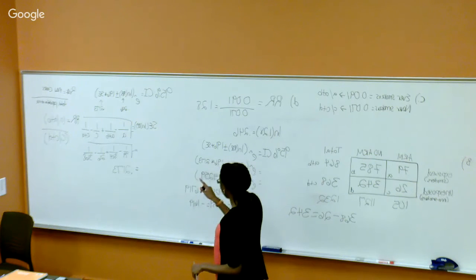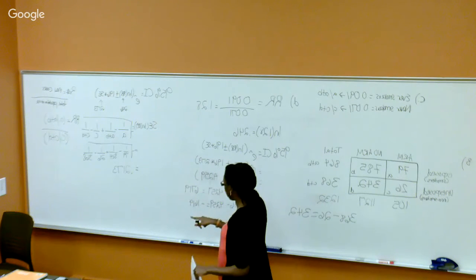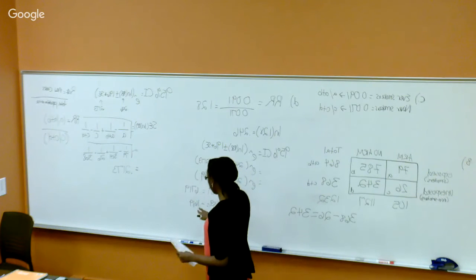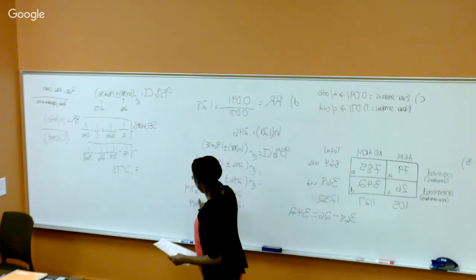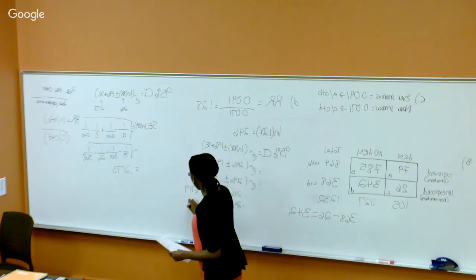I usually try not to round until the end, but it's still pretty close. So I'm just going to use 0.1799.